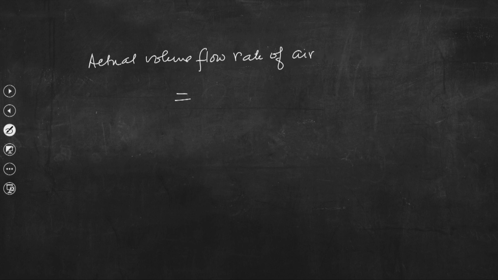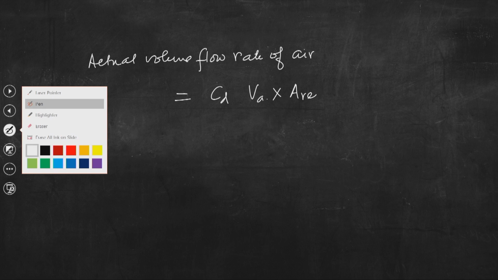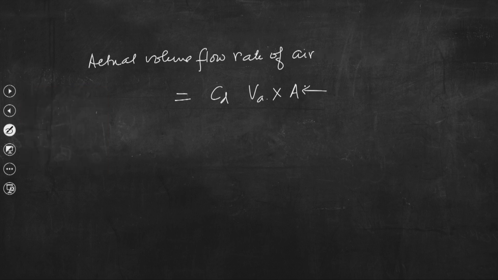First of all, let us calculate the actual volume flow rate of air, which equals CD into the area of the orifice plate into the velocity of air.